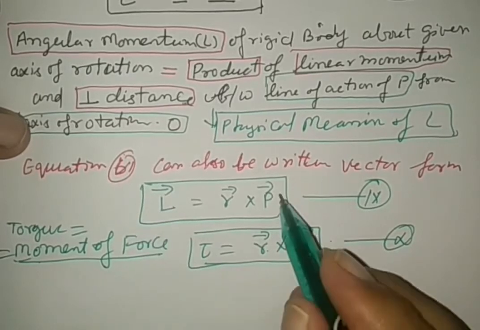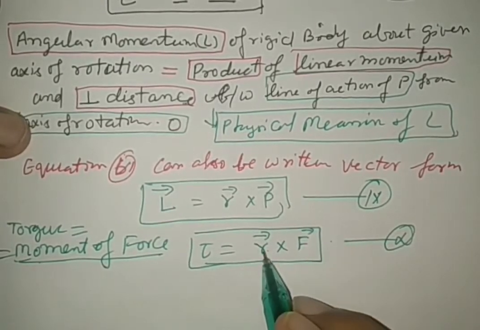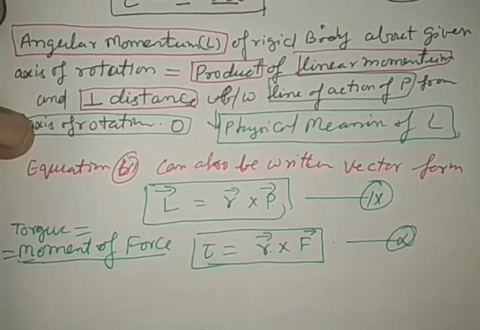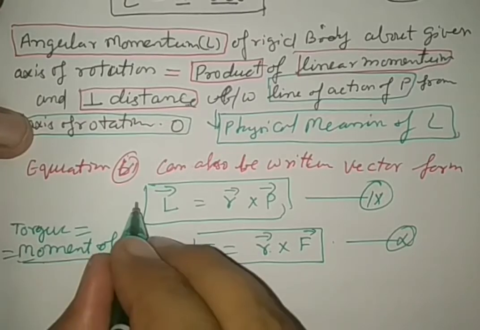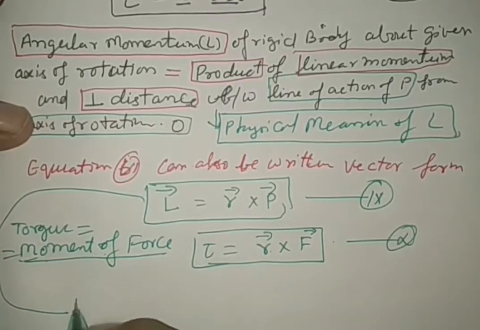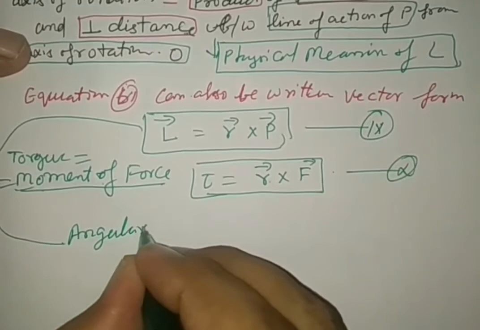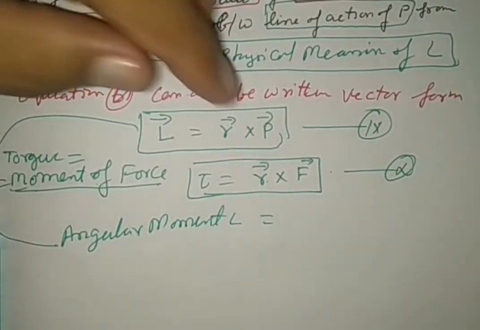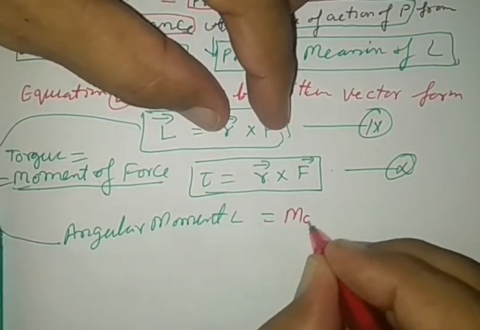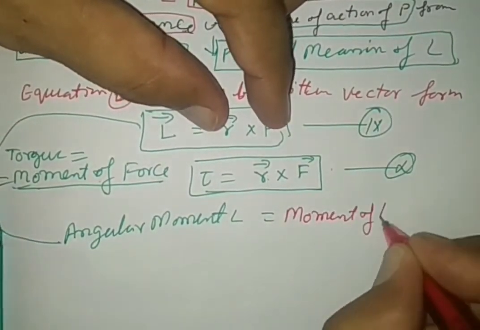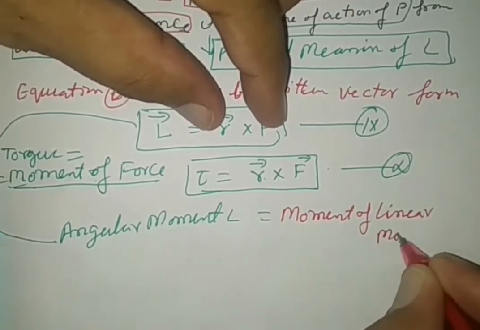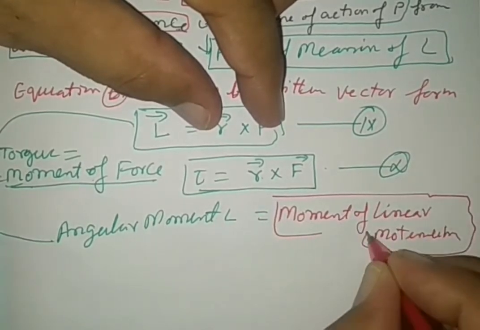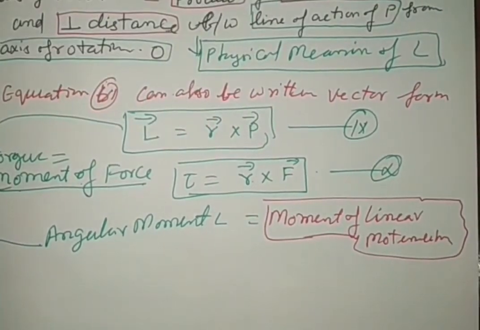So when we compare both, R cross F is moment of force, so R cross P is a moment of linear momentum. So we may say, by keeping this concept, angular momentum L is equal to R cross P, means moment of linear momentum. This is the second physical meaning of it.